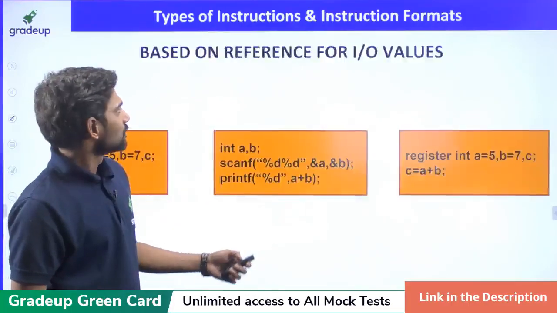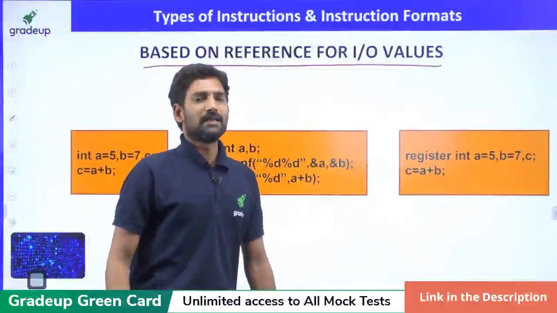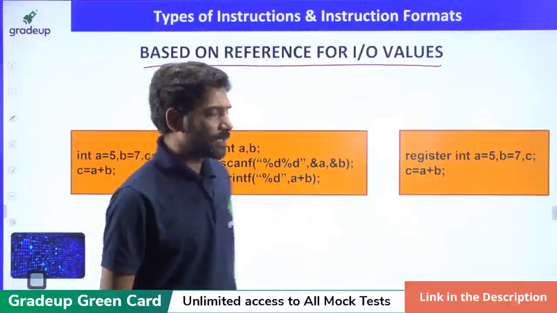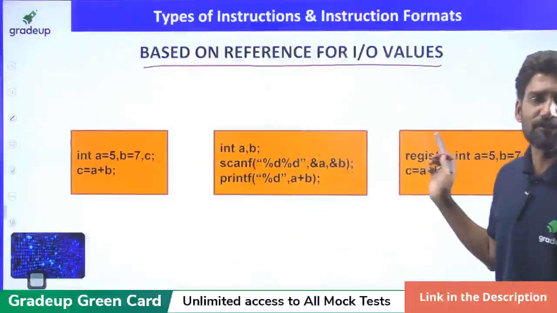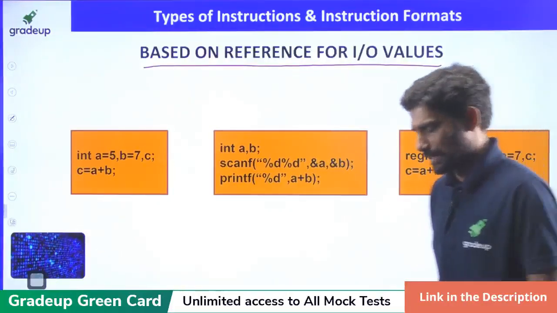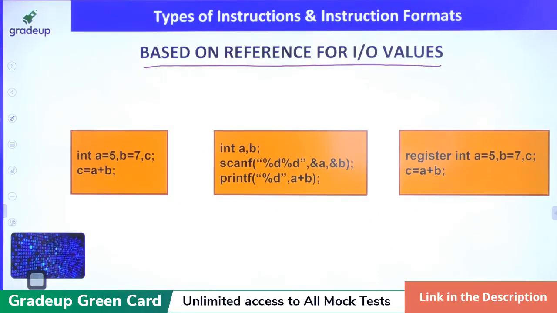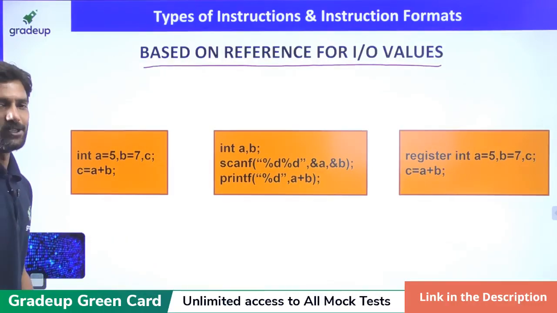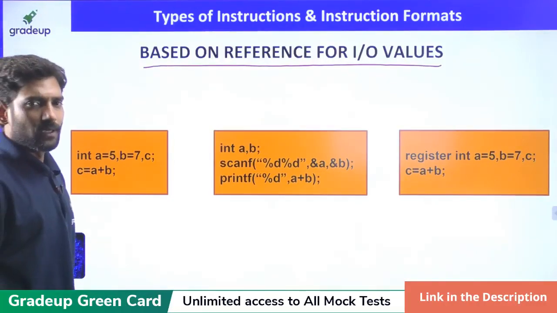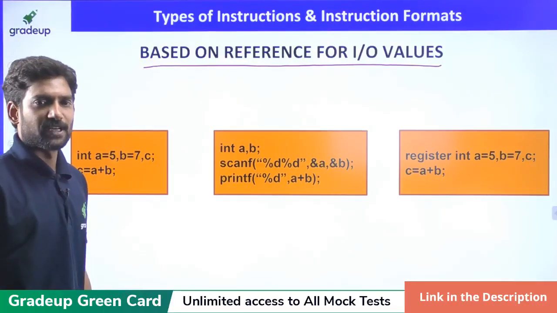Let's go with this. Based on the reference for IO values, to understand what it means, please have a look at these three snippets of code. These three are for adding two numbers, A and B. These are snippets of code for simple addition, assuming C programming language statements.